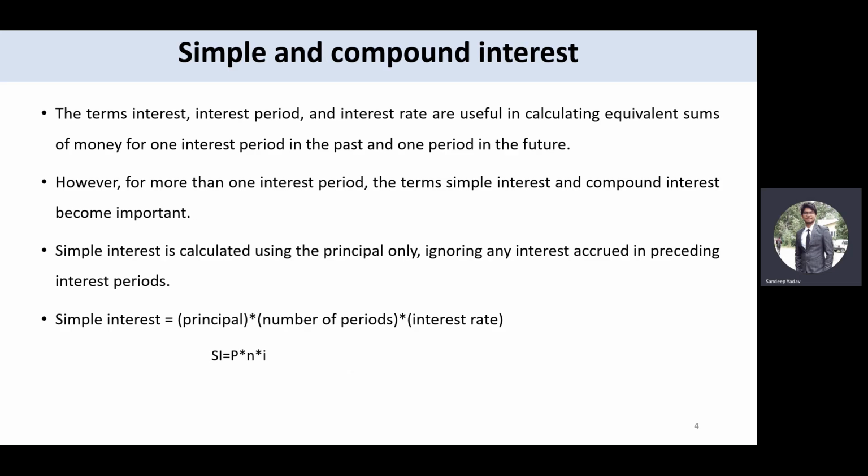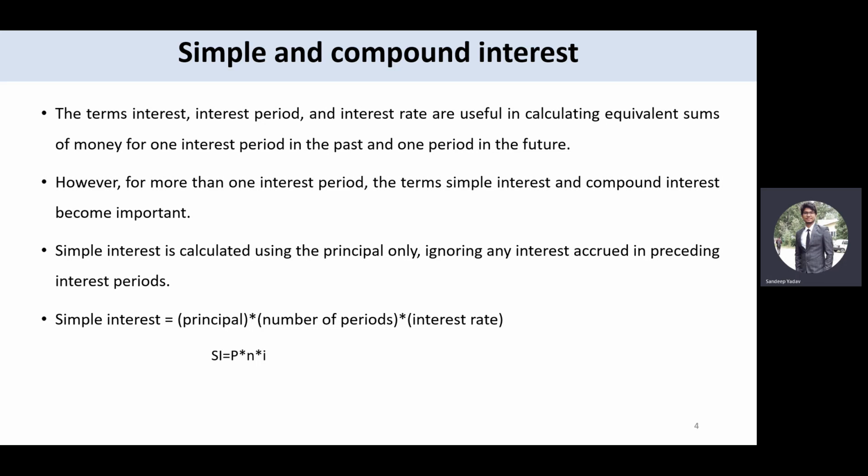Majorly, there are two kinds of interest rate: simple interest and compound interest. The terms interest, interest period, and rate of interest are useful in calculating equal sums of money for one interest period in the past and one period in the future. However, for more than one interest period, the terms simple interest and compound interest become important.